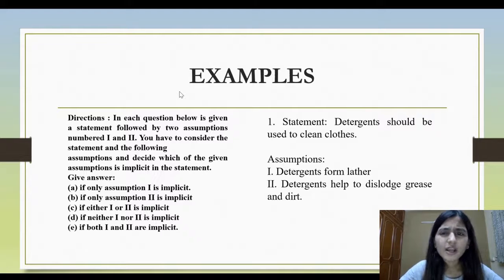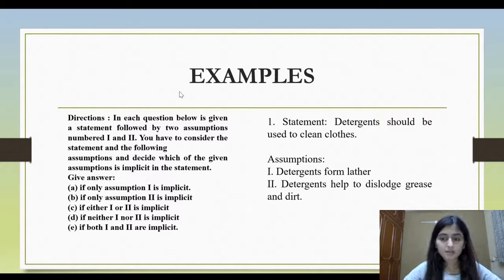I don't think so. Where does lather come into the picture? Has he even mentioned that in the statement? Has anything related to foam or lather been mentioned here, or is it necessary for such an assumption to be there in the mind of the author? No, I don't think so. So I don't think that assumption 1 is implicit over here.